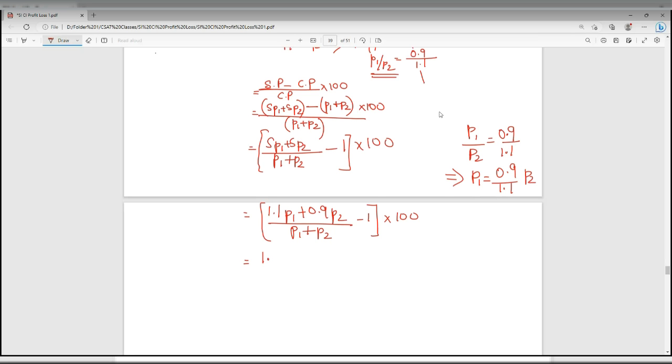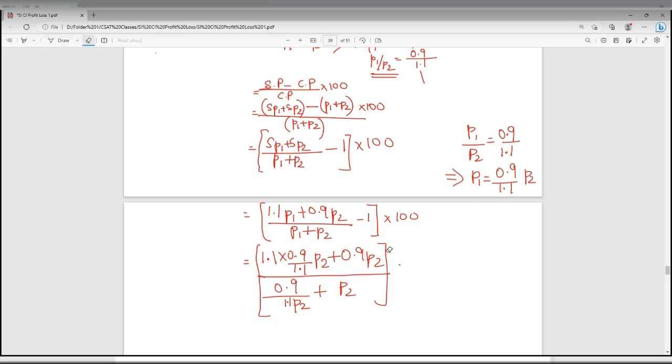It is equal to 1.1 and P1 is 0.9 divided by 1.1, into P2, plus 0.9 P2, divided by, again P1 is 0.9 divided by 1.1, P2 plus P2, minus 1, into 100.